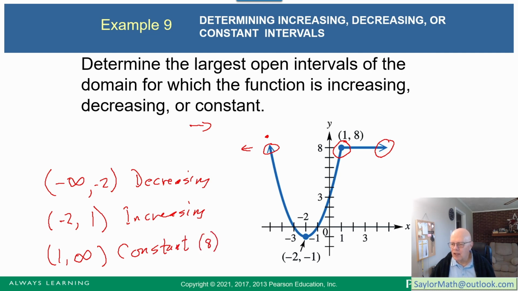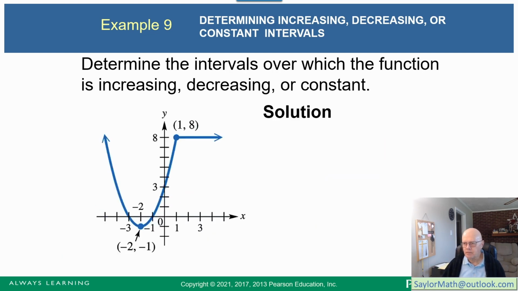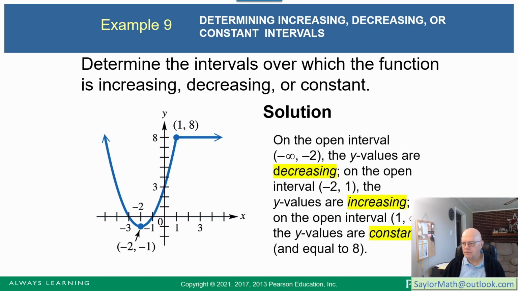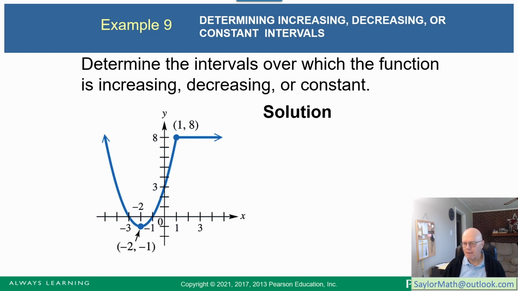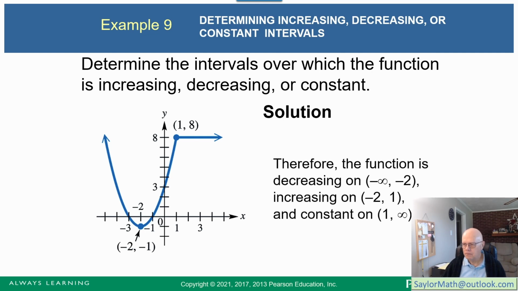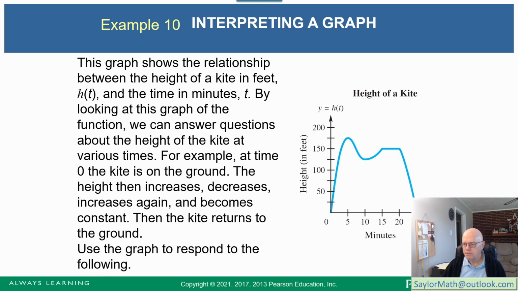In other words, the y value is always at 8. And that's a summary of what we just said. Now here's an example you can try for yourself. I'm not going to go through it because it's going to show you anyway.